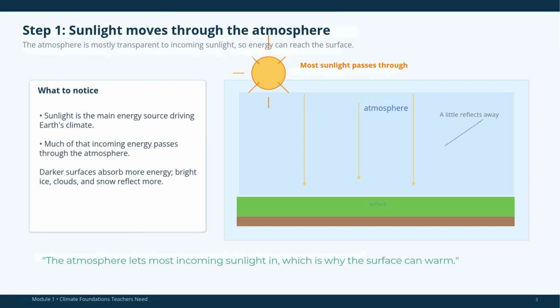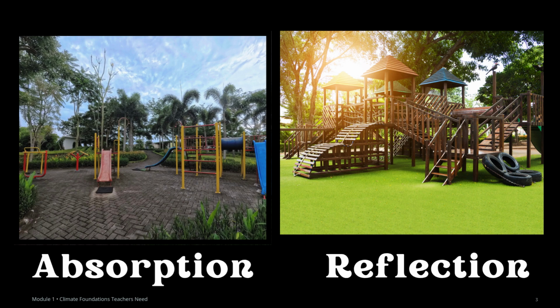Bright surfaces like snow, ice, and some clouds reflect more sunlight, which means it bounces back. Darker surfaces like oceans, pavement, or soil absorb more of that energy. This is one reason surface types matter in climate.